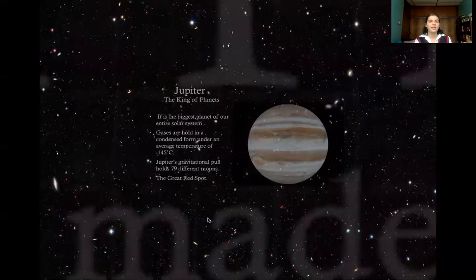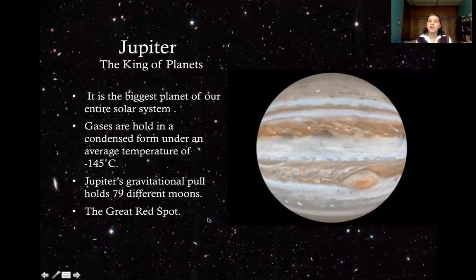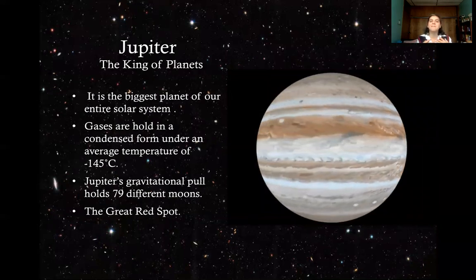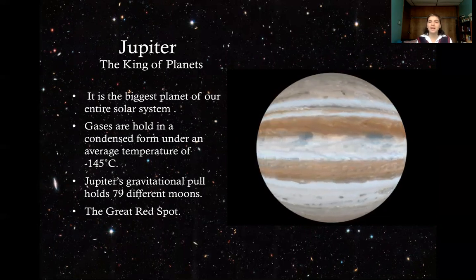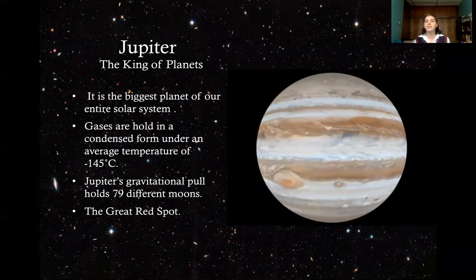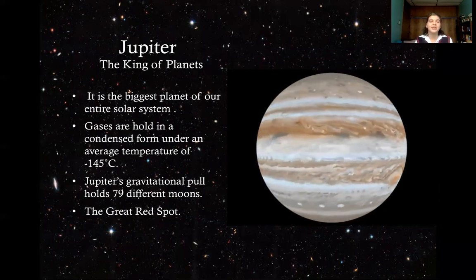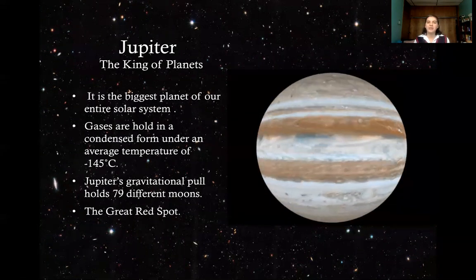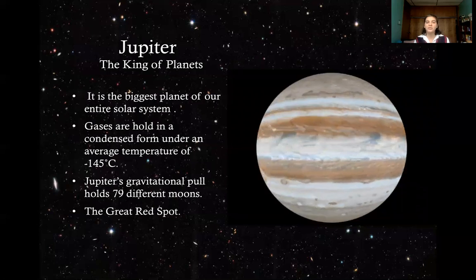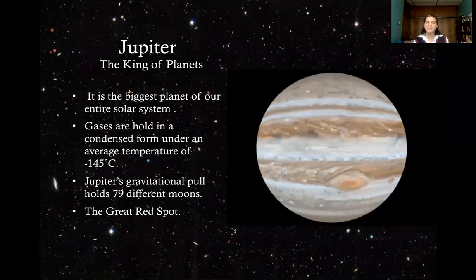Okay, so Jupiter, we call it the king of the planets because it's the biggest planet of our entire solar system. It was also named after the king of the gods of Roman mythology. Gases are held in a condensed form under an average temperature of minus 145 degrees Celsius.